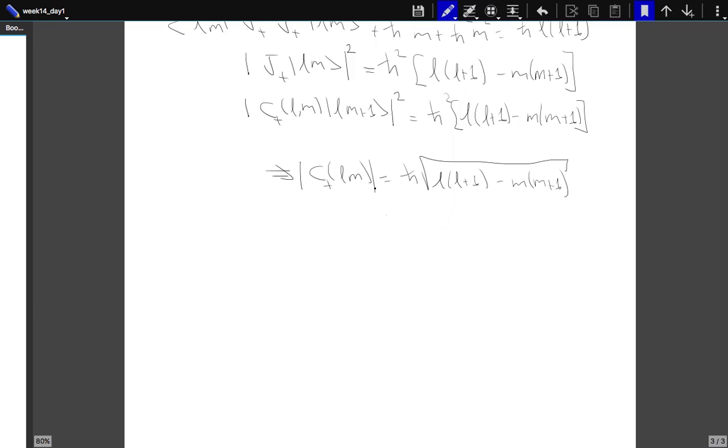You see, we only know the magnitude of C plus. We don't know whether it's a complex number or not. But it's just up to us in our choice of the basis functions. So we just choose it to be real, and hence C plus Lm is h bar times the square root of (L minus m)(L plus m plus 1), if you just factorize it. So now we know how J plus acts.